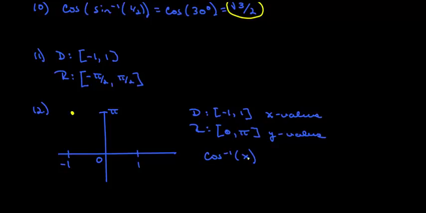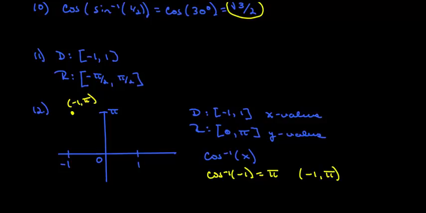If I went arc cosine of negative 1, the angle whose cosine is negative 1 is pi. So that means that the ordered pair negative 1, pi is on the graph of my arc cosine.